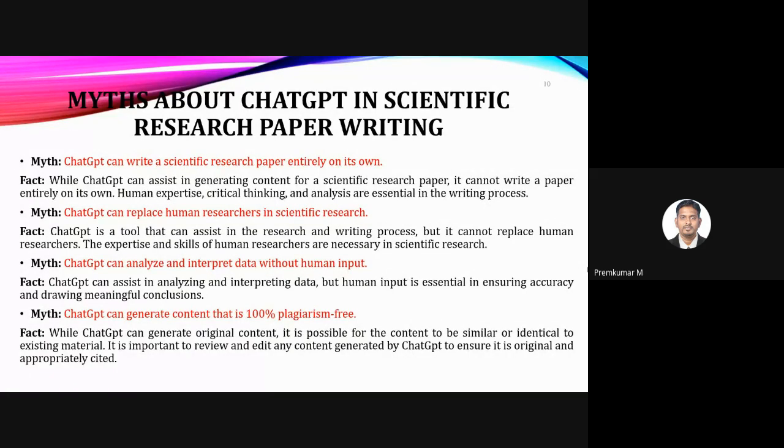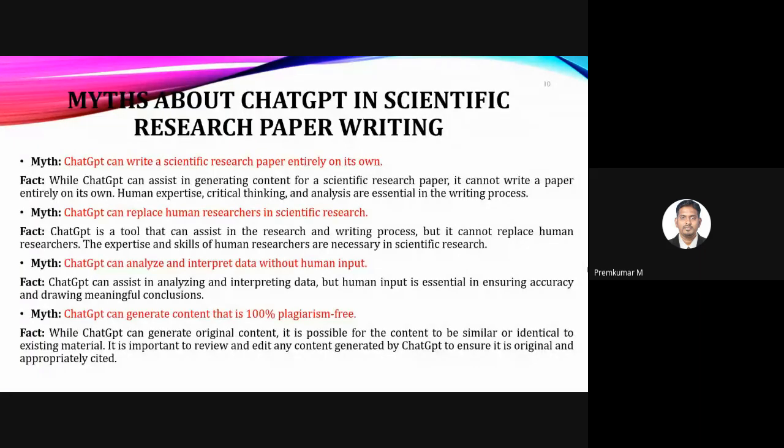If it exceeds 10%, then obviously your paper will be discontinued. So keep this point in your mind. Next, I'll give you a demonstration so that you can understand how these AI tools track AI content.